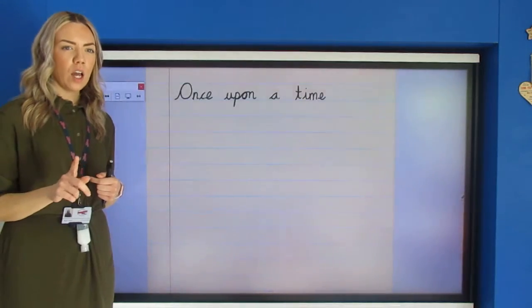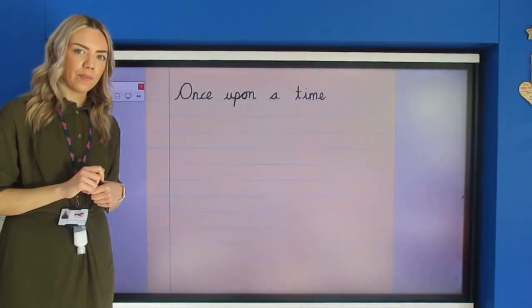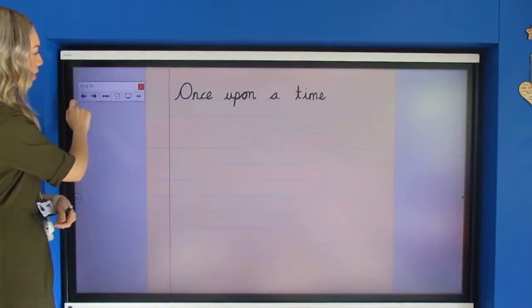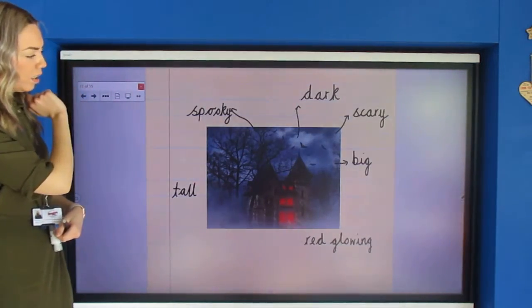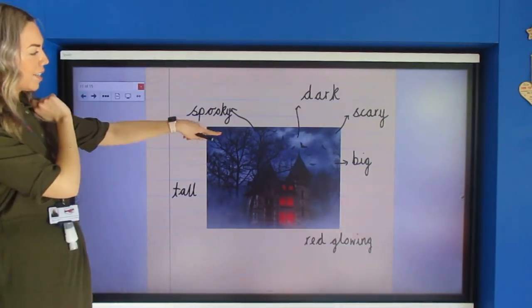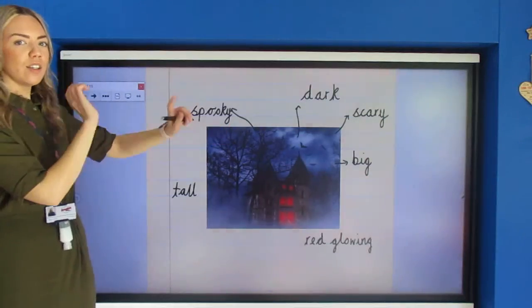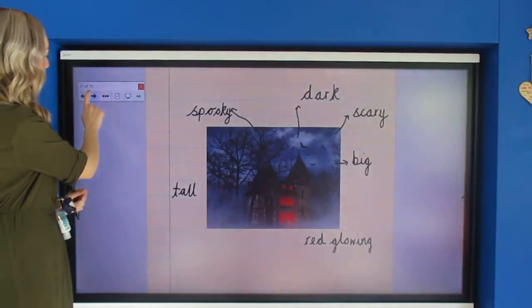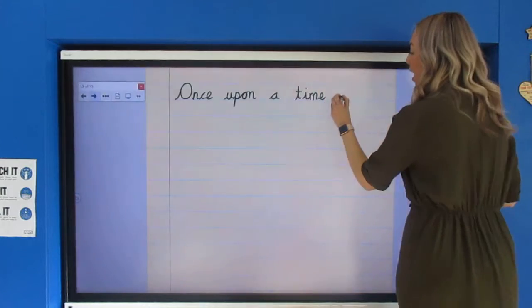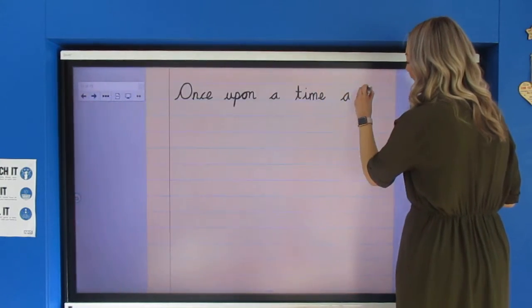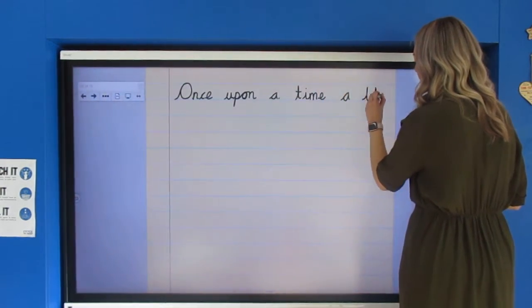Now, can I add an adjective? Let's go back and have a look at how I can describe my woods. We described the woods as spooky. So I'm going to use that word.